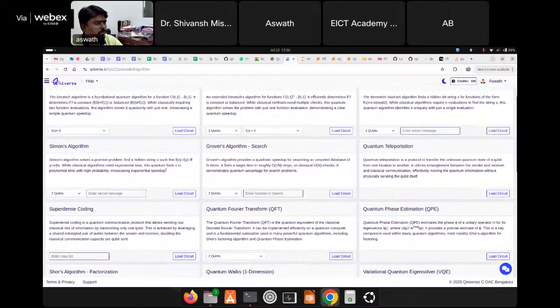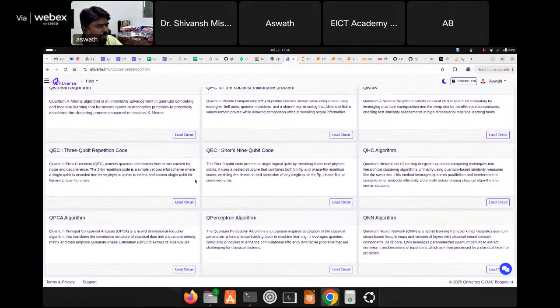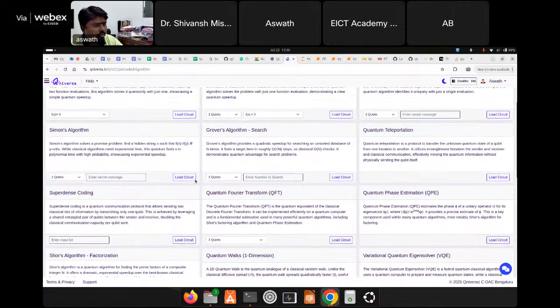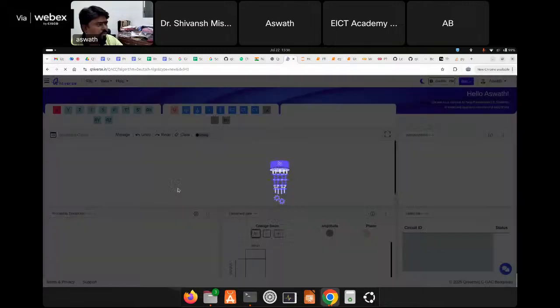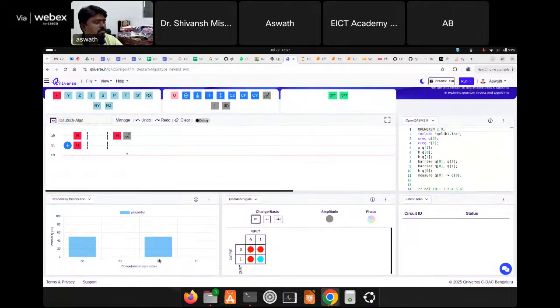You see, Simon's algorithm is there, superdense coding is there, quantum Fourier transform is there. So you can start with the Deutsch-Jozsa algorithm if you want. So what is the Deutsch-Jozsa algorithm? Finding all the functional values at a time. So this is going to give you that. Fine, so the 0010 value you find.